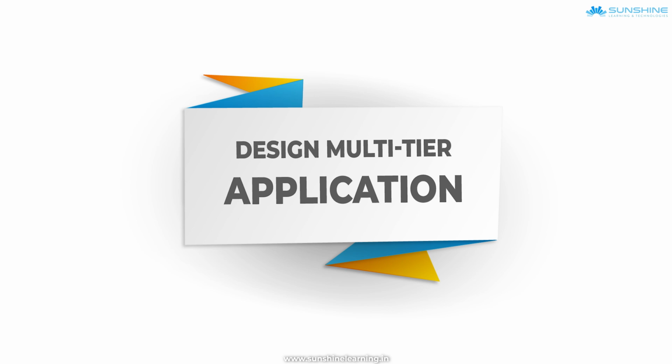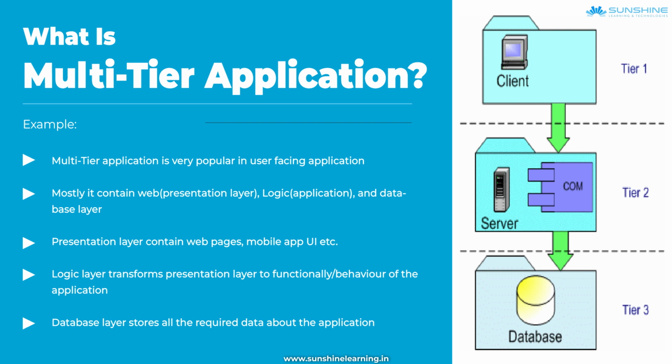Designing a multi-tier architecture. So guys, how to design the multi-tier application? Let's look into it. What is a multi-tier application? The multi-tier application is very popular in user facing applications. Mostly it contains web, which is the presentation layer, then the application layer, which is the logic or the backend layer, and then the database layer.